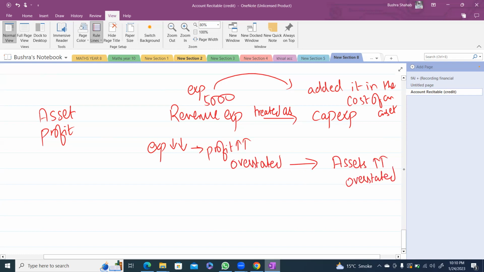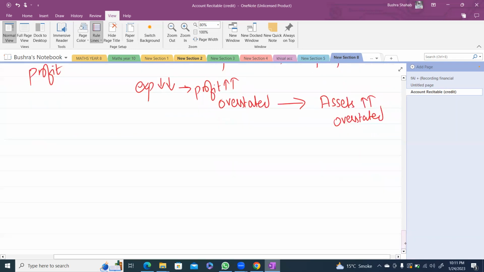This is an error made, and you need to tell what will be the effect of this error on the value of profit and assets. It will have an adverse effect. The profit will be overstated, and the asset will also be overstated. They will only ask you what the effect will be. They won't ask you to correct it. This will basically be a theory question.